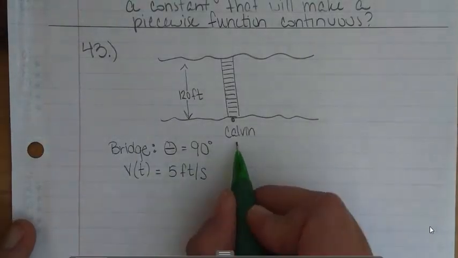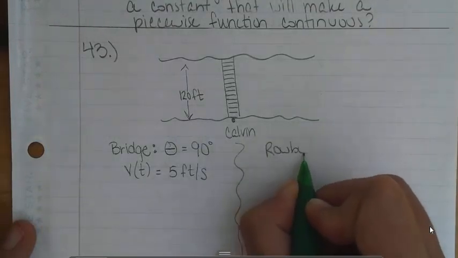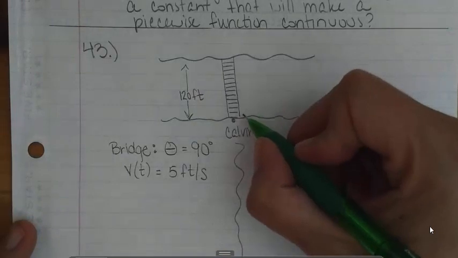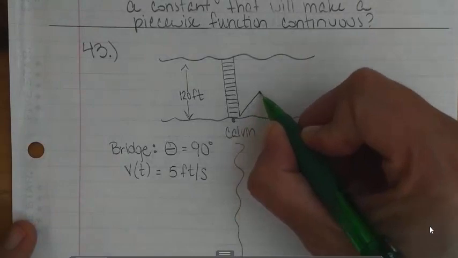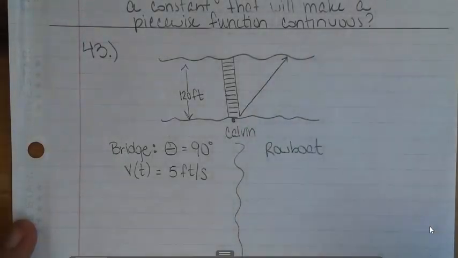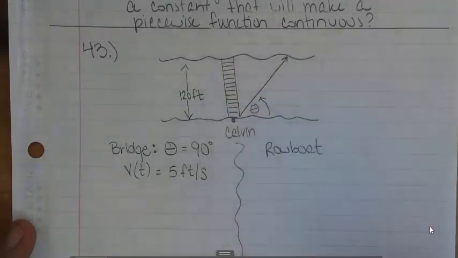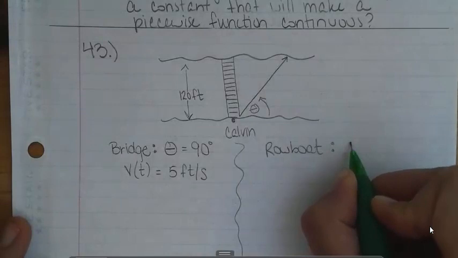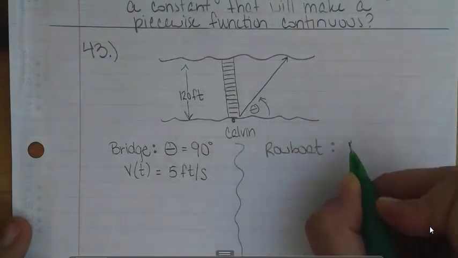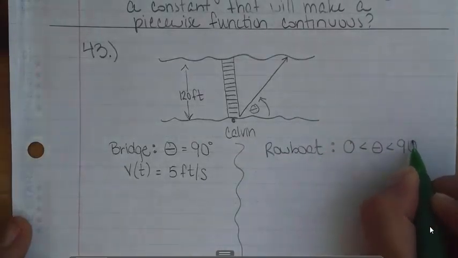So that's one scenario. The other scenario is that he's in a rowboat, and now he crosses at some angle other than 90 degrees. Just to give you an idea, maybe it looks like that, where this angle right here we'll call theta. If he crosses using the rowboat, then theta is going to be somewhere between 0 and 90 degrees.